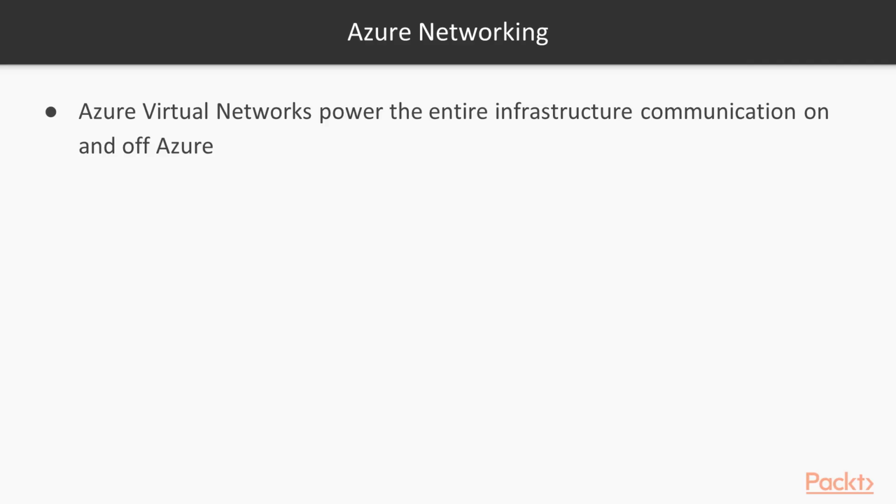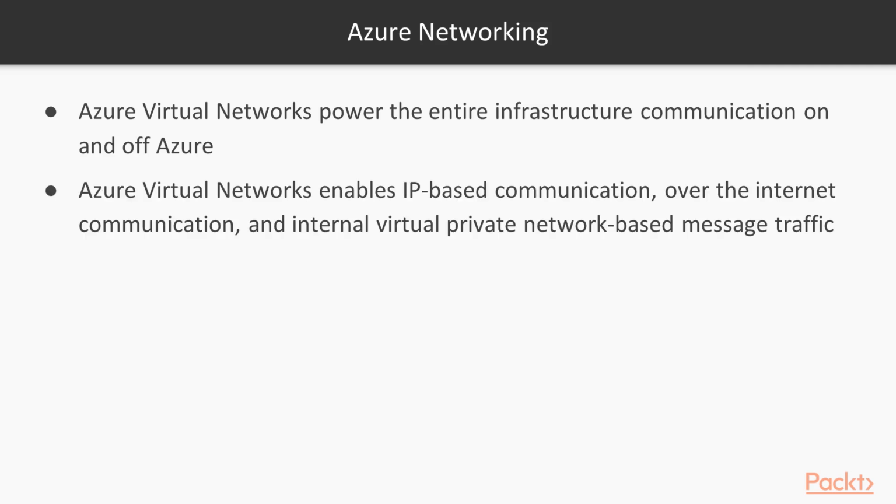On Microsoft Azure, the networking is done using the Azure Virtual Networks, and they are used to power the entire infrastructure communication on and off Azure. So your public, private, or hybrid solutions all will have to utilize the services offered by Azure Virtual Networks. Virtual networks support most widely used communication protocols such as IP-based communication.